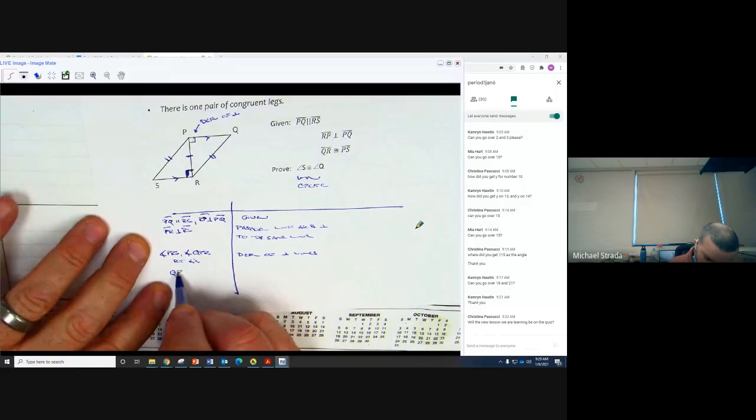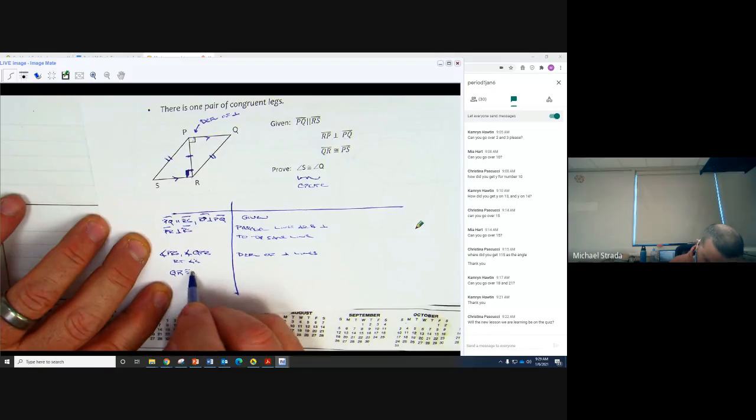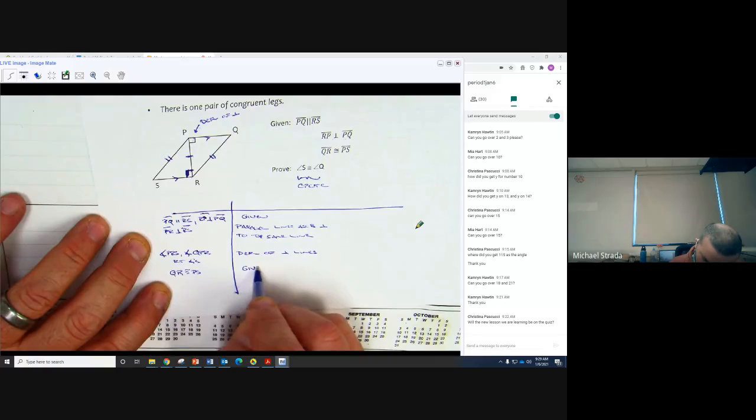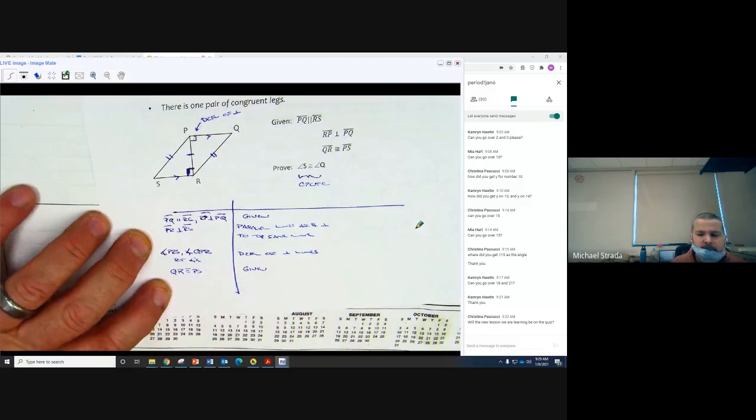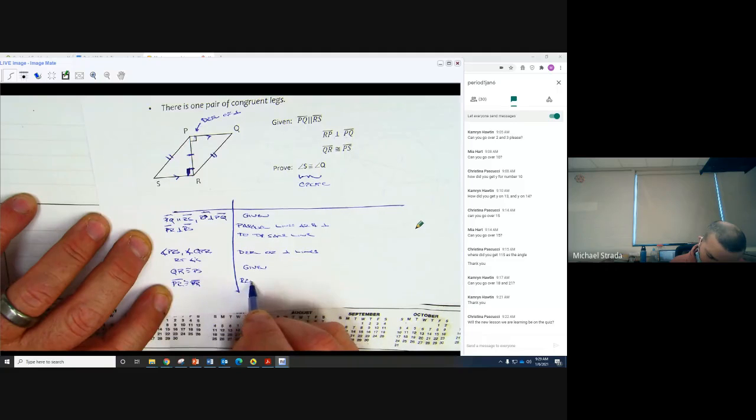QR was congruent to PS because it was given. PR is the shared side, so PR is congruent to PR. Reflexive property or shared side.